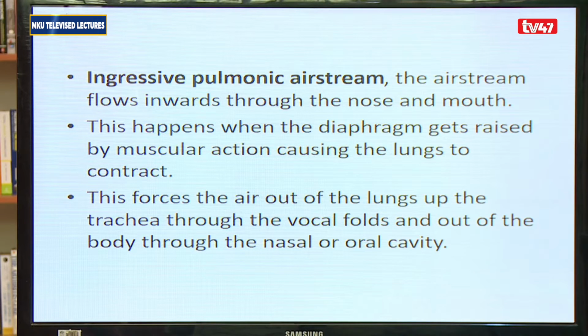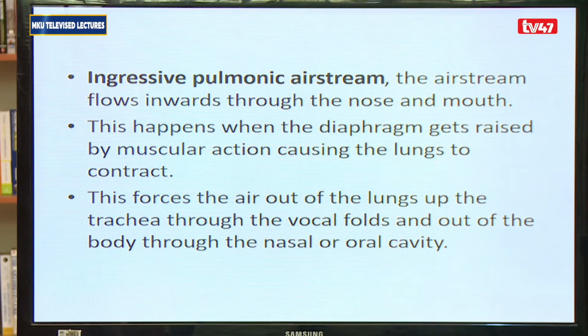So there are two important things that happen here. When there's an airstream, the air is flowing through the nose and the mouth, the diaphragm is raised, and we have muscular action causing the lungs to contract.